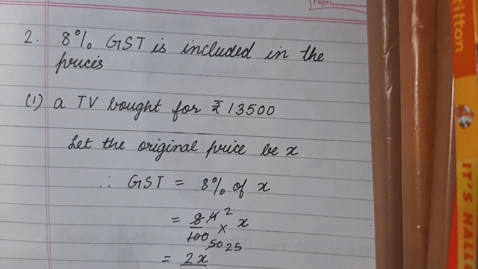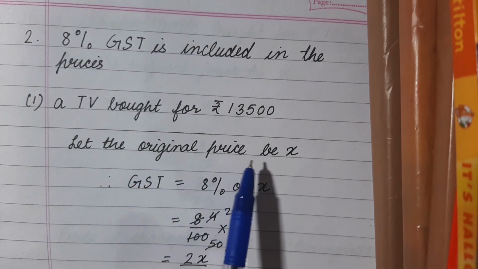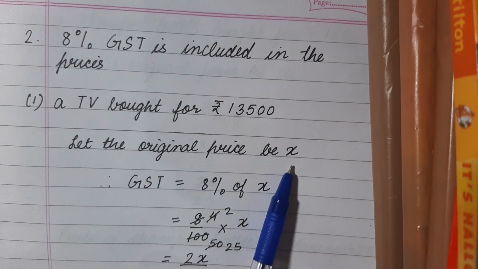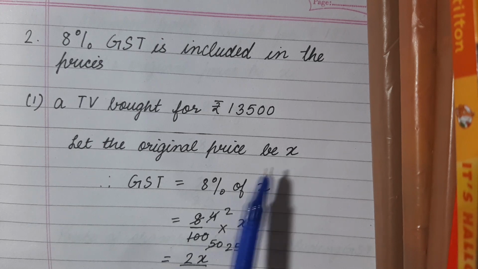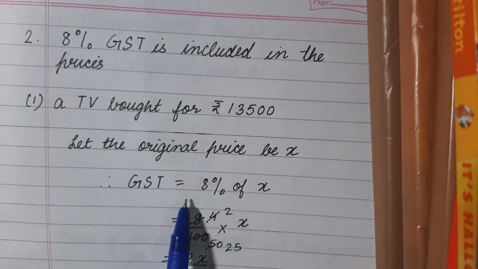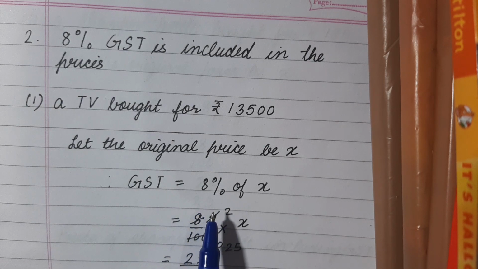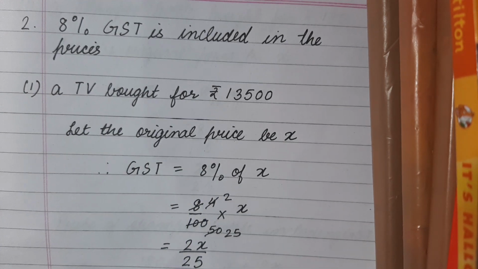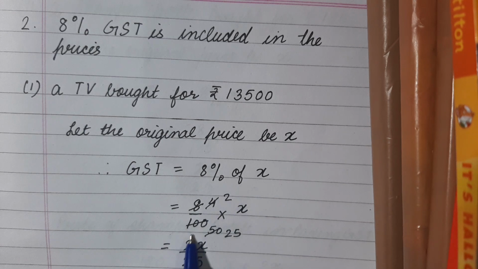So we assume the original price to be X. We take out GST on the original price, that is 8% of X, which means 8 upon 100 into X, that is 2X upon 25.